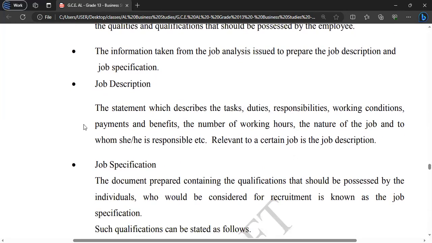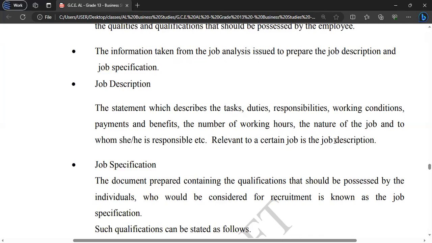Job description. The job description is the statement which describes the tasks, duties, responsibilities, working conditions, the payments and benefits, how many hours the employee should work, the nature of the job, and to whom she is responsible relevant to a certain job.